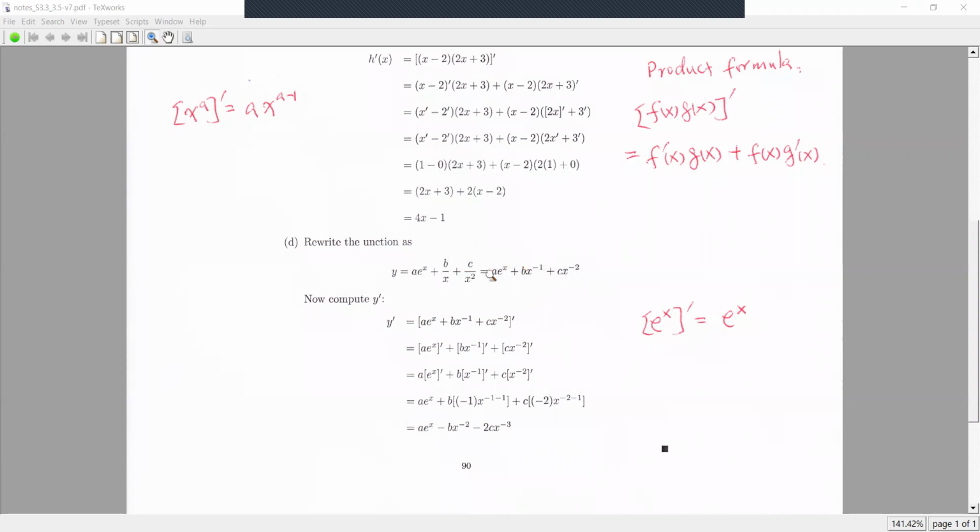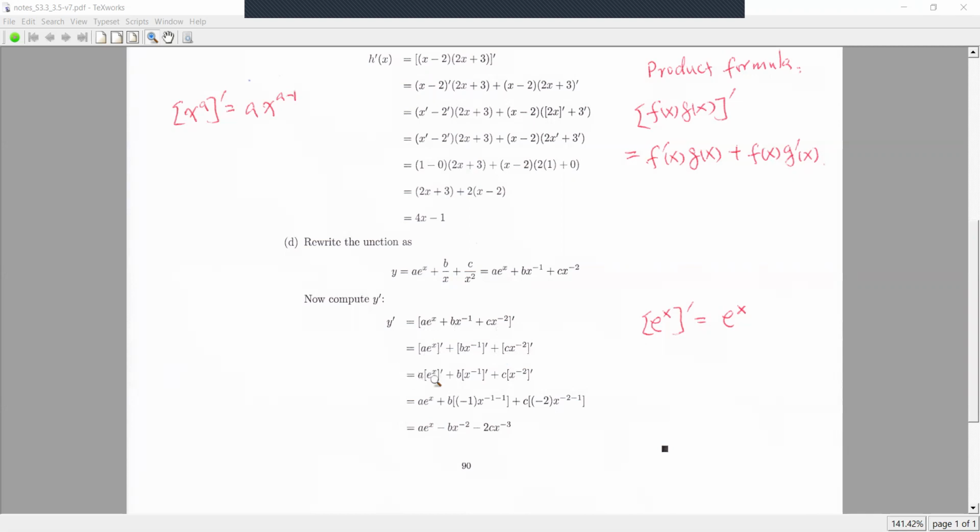Now, take derivative on this function. By summation formula, the derivative is the sum of these three derivatives. Because A, B, and C are constants, I can move them outside the derivatives to get this equation.